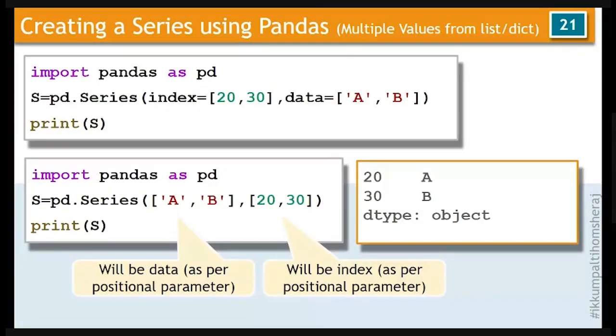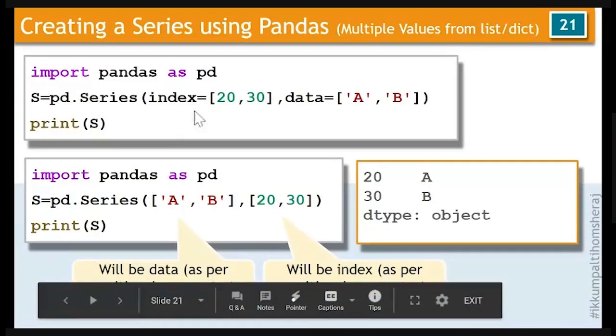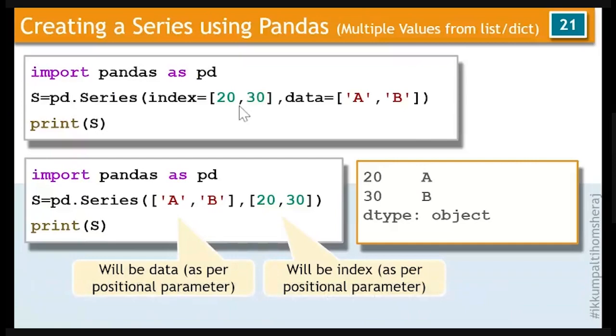Next, if we want the named parameter over here, if we want index to be written before, I'll be writing index is equal to 20, 30. Normally, the original order is that whatever collection is coming before is going to be considered as data, and whatever collection is coming later is going to be considered as index values.